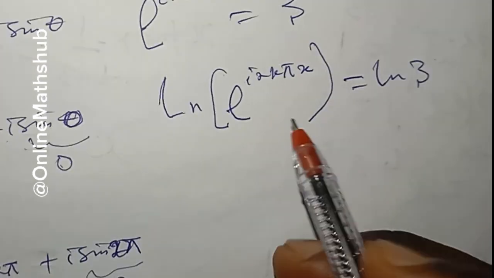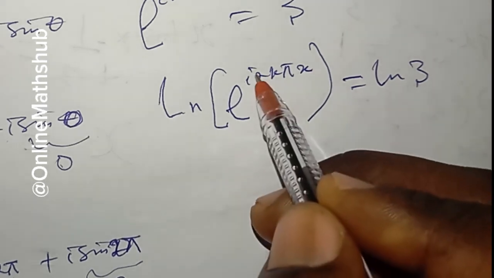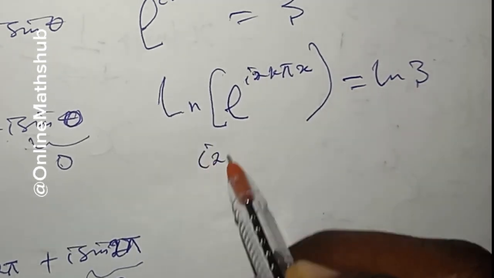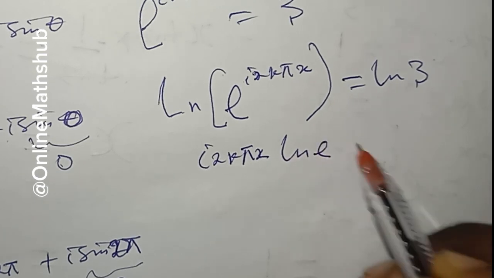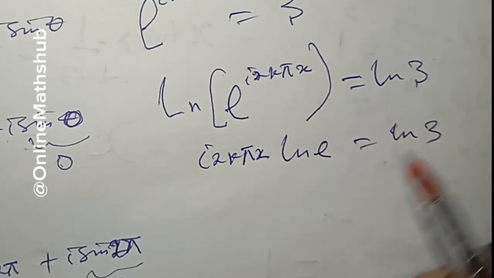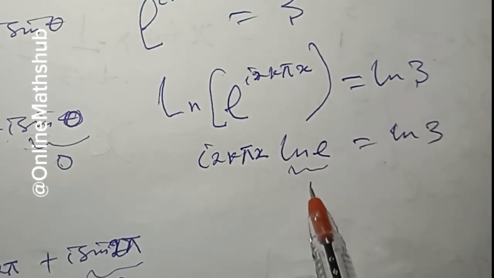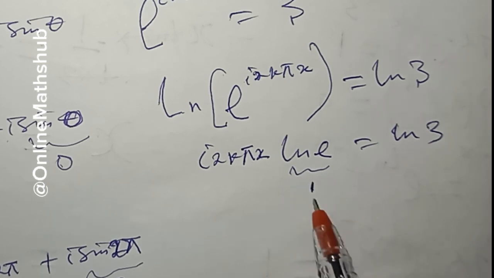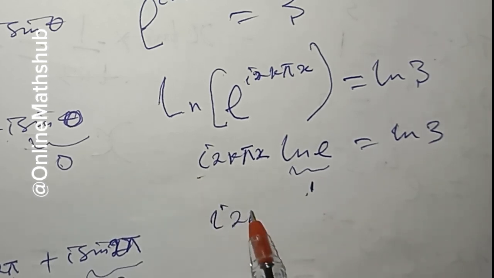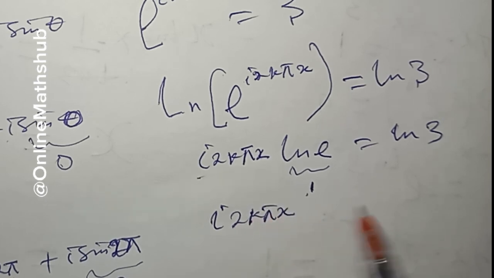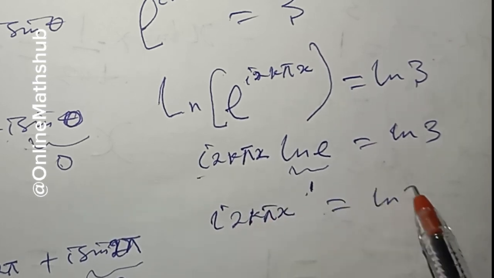Utilizing the property of logarithms, I bring all of this down so that I have i 2k pi x times the natural log of e equal to the natural log of 3, and obviously the natural log of e is equal to 1. So I'm left with i 2k pi x equal to the natural log of 3.